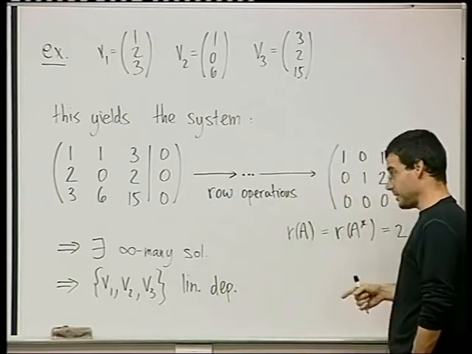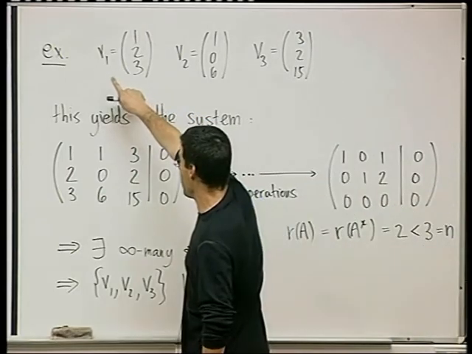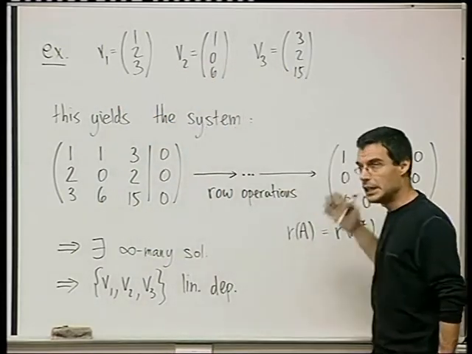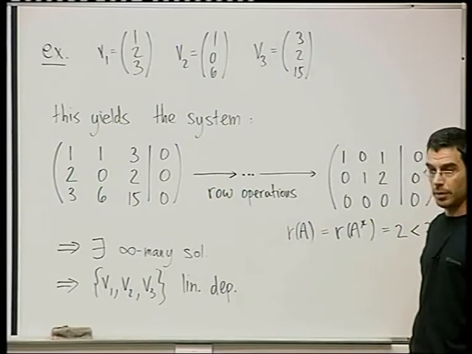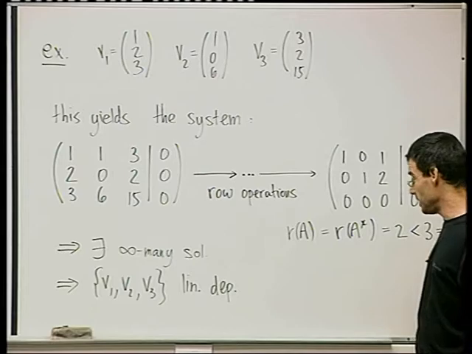We can find alpha 1, alpha 2, and alpha 3 such that the linear combination alpha 1 V1 plus alpha 2 V2 plus alpha 3 V3 gives the 0 vector, and they're not all 0. Good? That's the definition of being linearly dependent.